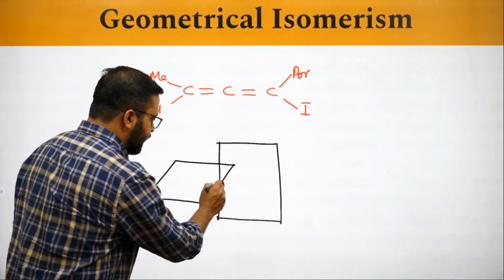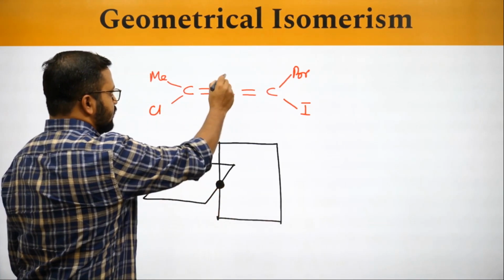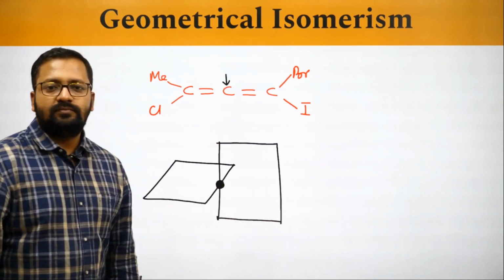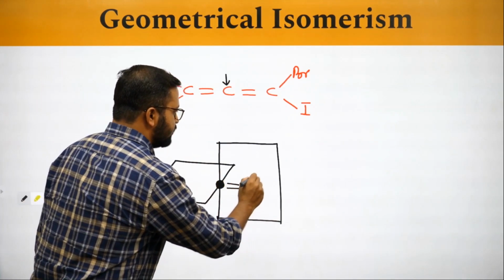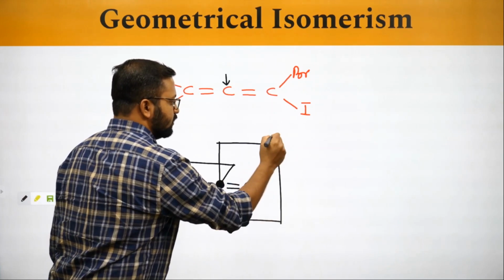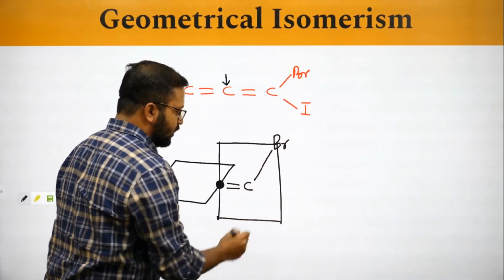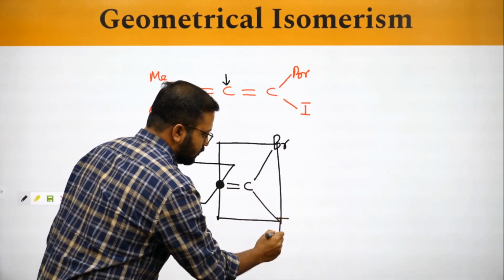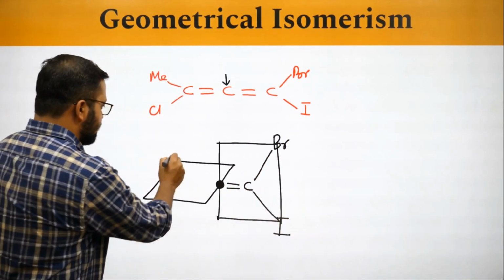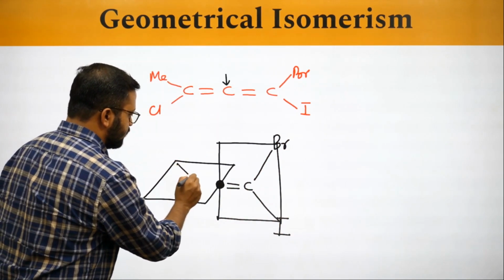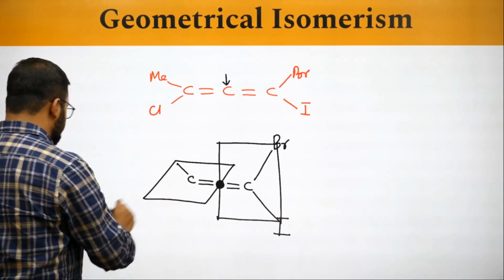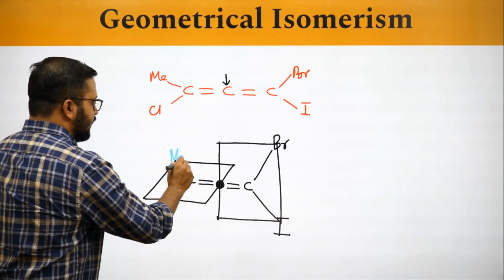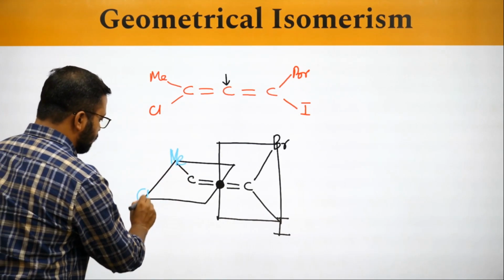This point is this one. Okay, carbon is here, bromine here, iodine here. This is where another is present. You can write methyl over here, you can write chlorine over here.